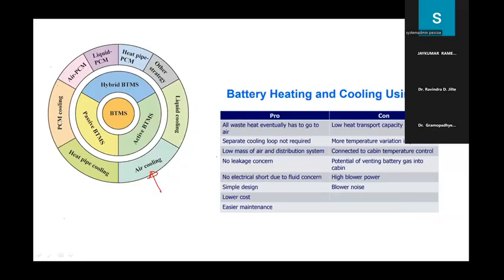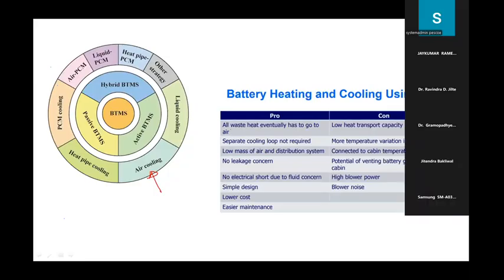If you look at the pros, all waste heat eventually has to go to the air. A separate cooling loop is not required. Air is available in abundance in the atmosphere. The weight is very less, or we can say lighter. Lower cost, easier maintenance, no leakage concern.